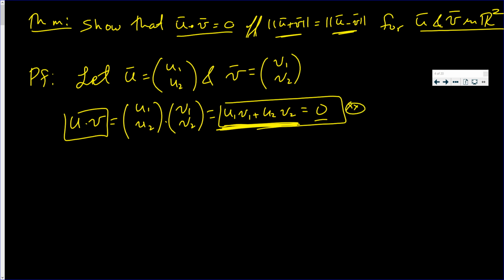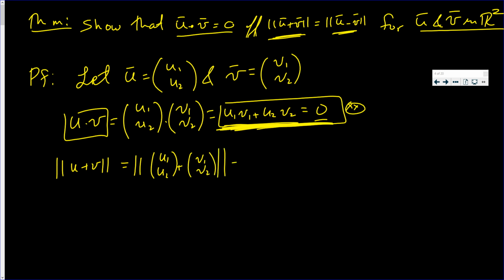Now, let's calculate the lengths of u plus v and the lengths of u minus v, and using this, let's show that they're equal. The length of u plus v is the length of (u1 plus v1, u2 plus v2).